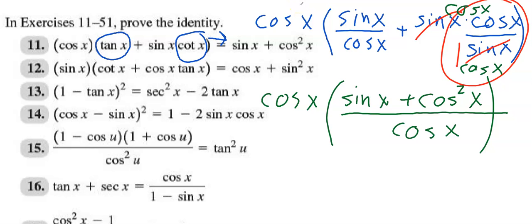Okay, anything cancel out? We got one in the numerator, one in the denominator, and we're done because this equals what they told me it should. We got it.